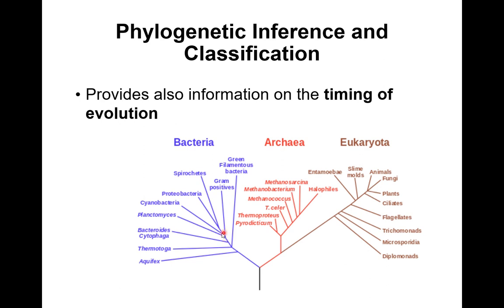The distance here tells me that they're overall fairly close from an evolutionary point of view, much closer than they would be compared to Aquifex here, in terms of time. So it gives information about the relationship between the different species, the timing in which these different species have formed, and their distance from other species.